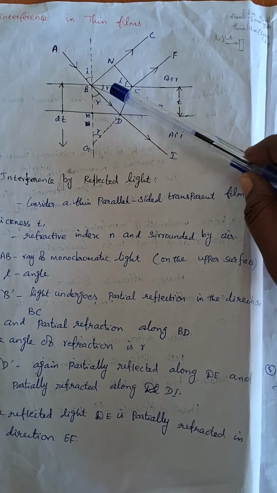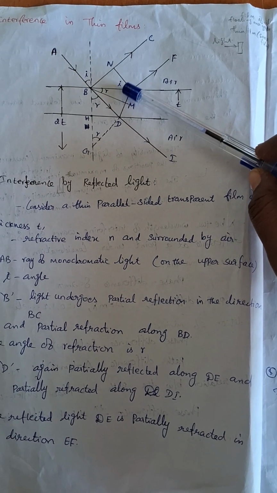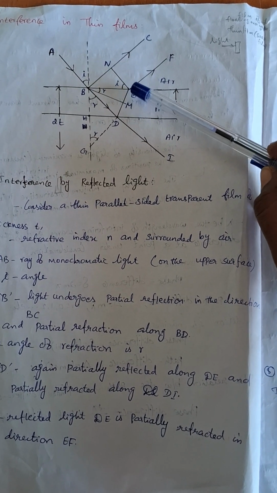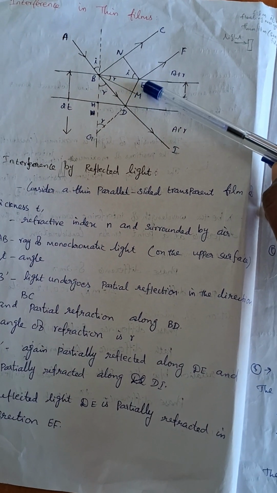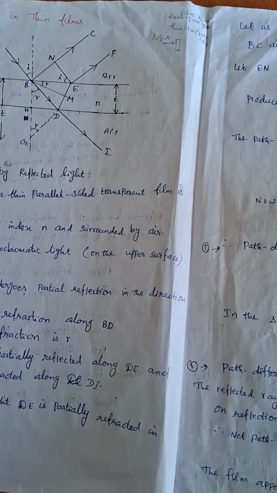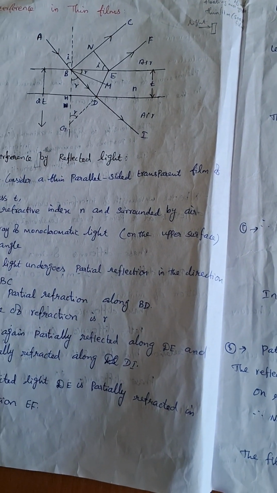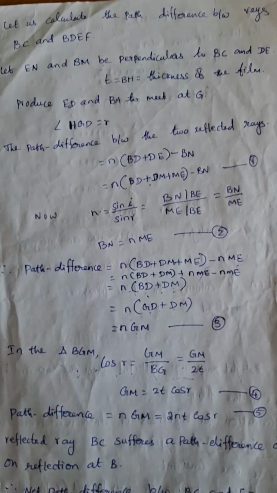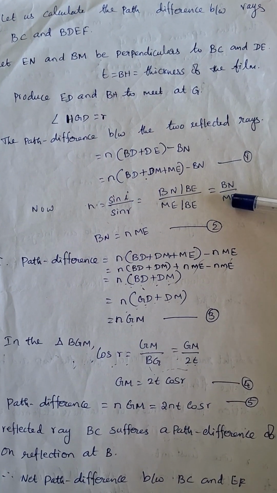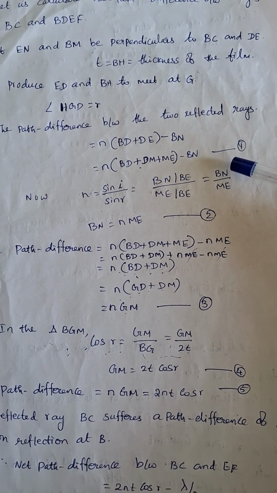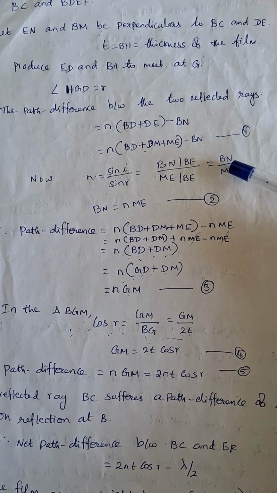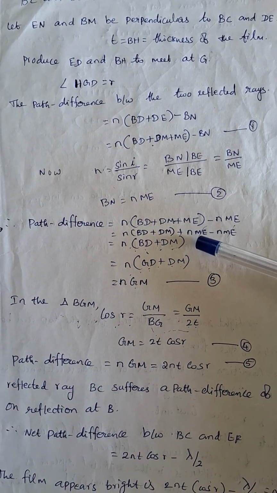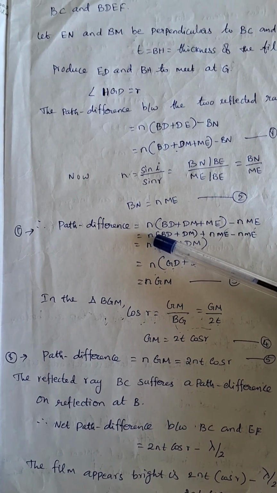BE cancels, so from this BN equals mu into ME. This is equation 1.